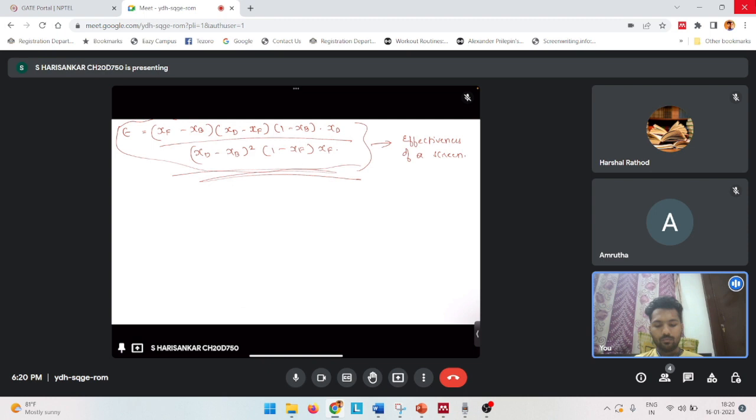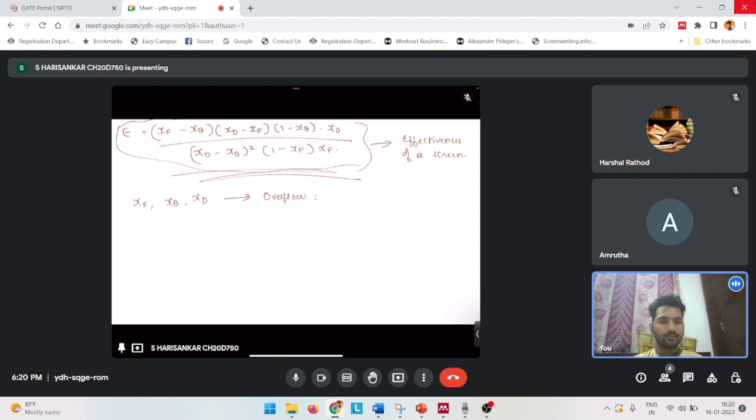Right. Now when I say these mass fractions xF, xB, xD, as I said, these are usually defined based on overflow products. You can also define them based on your underflow product.